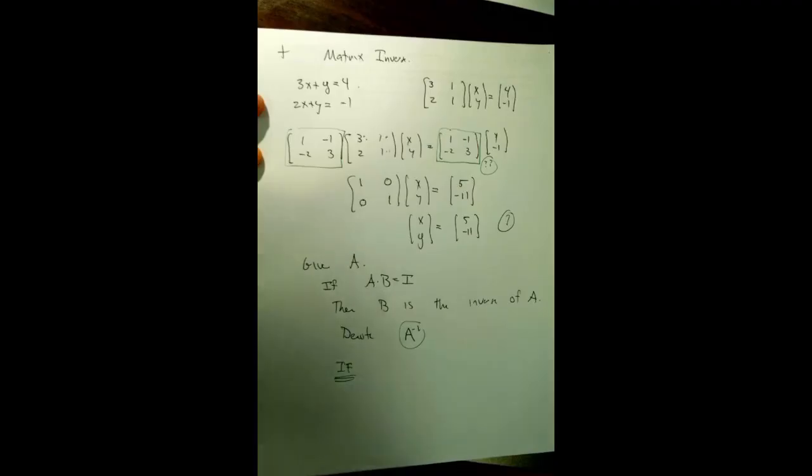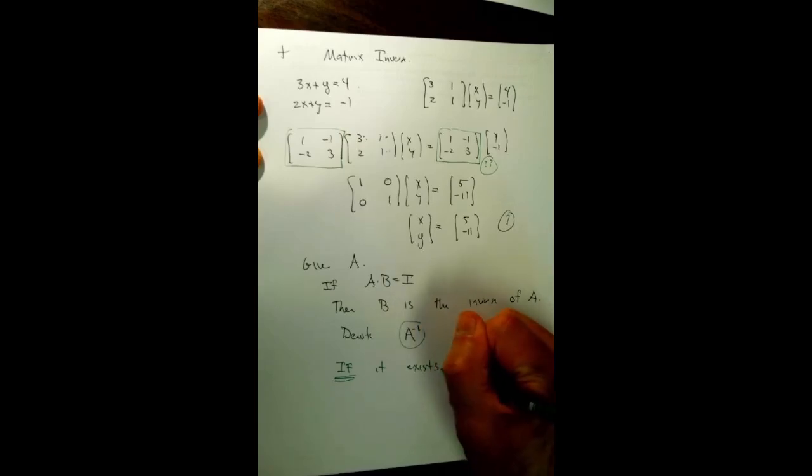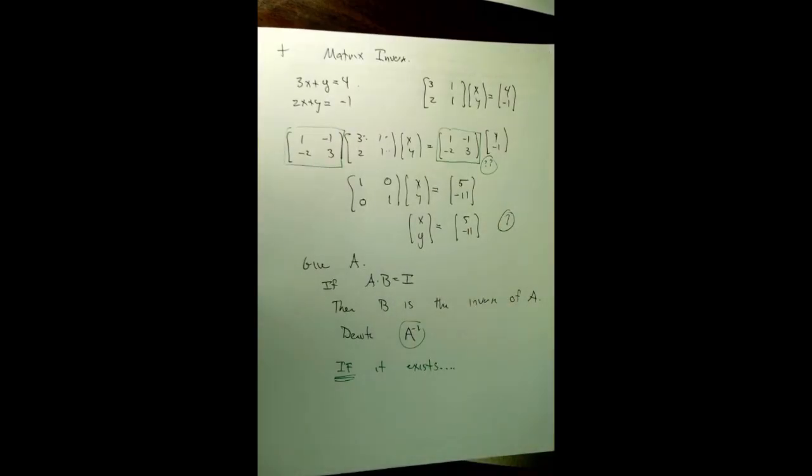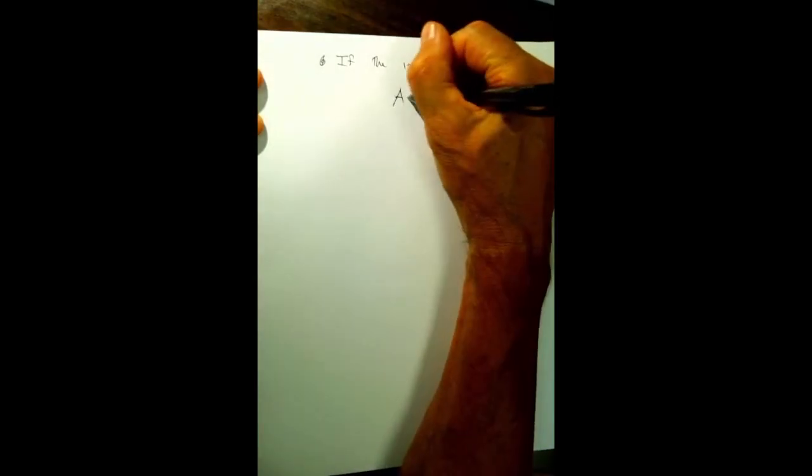And there's going to be an important caveat, which is that not every matrix has an inverse. So we'll oftentimes say if the matrix exists, then certain things are nice and can happen. But the key thing here is that if the inverse of a matrix A exists, then A times its inverse is the identity matrix.